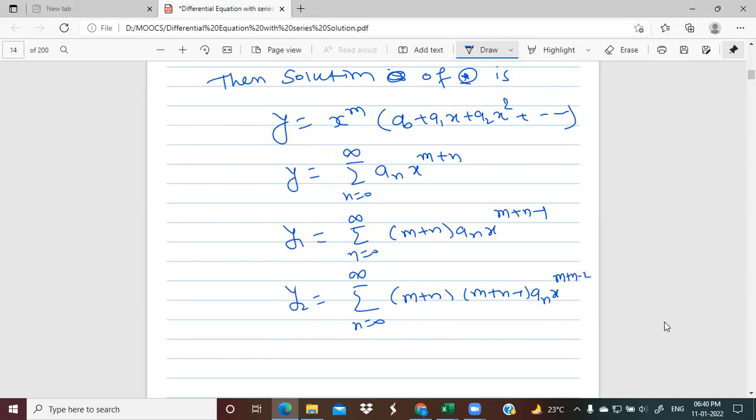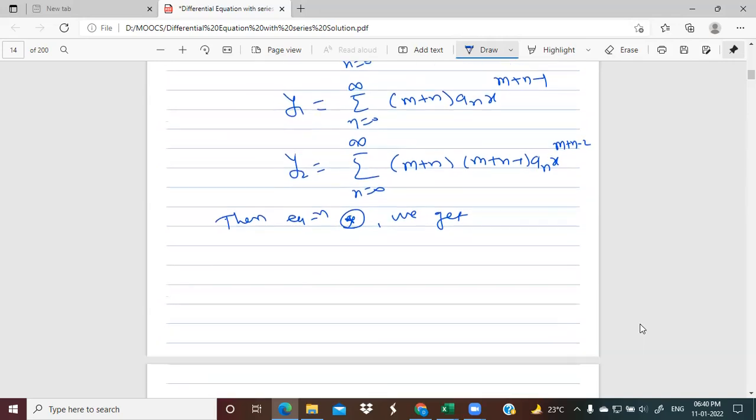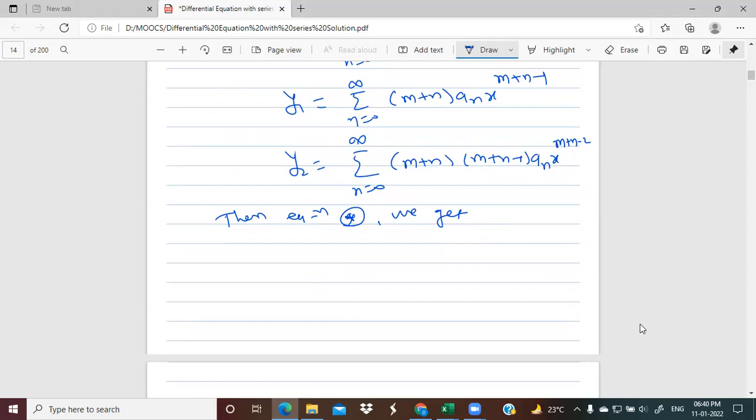If we put all these in equation star, then we get the m value in this equation star. How to find this m value?